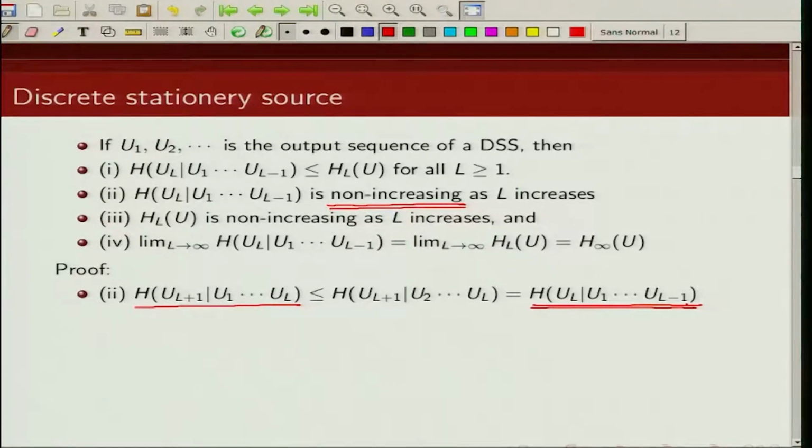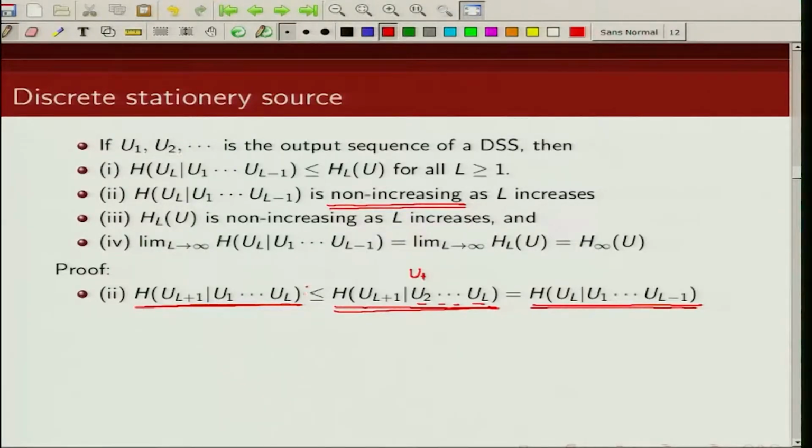So how do we prove it? First we write down this uncertainty in U_{L+1} given U_1, U_2, U_3, ..., U_L. Now this is less than or equal to the uncertainty in U_{L+1} given U_2, U_3, U_4, ..., U_L. So we have removed the conditioning on U_1.